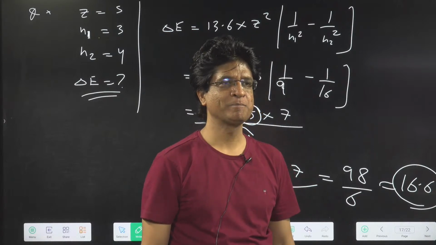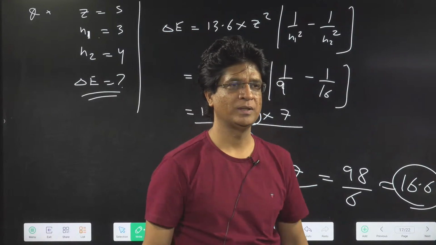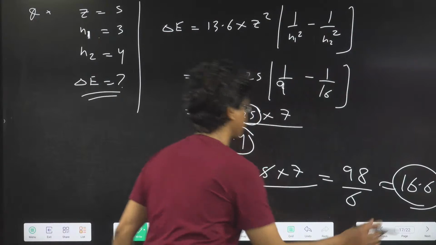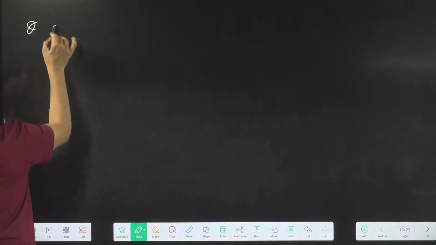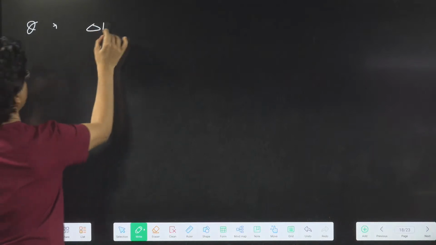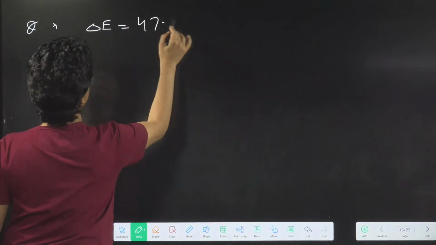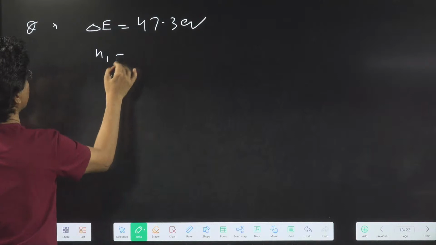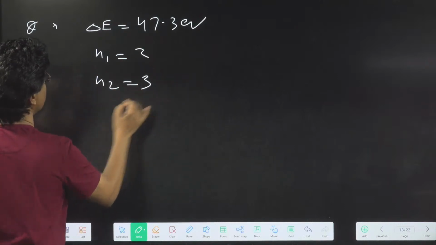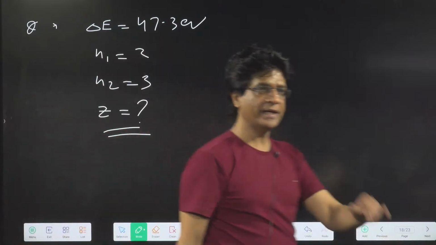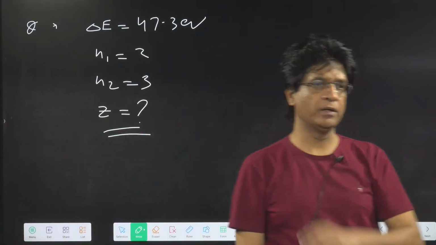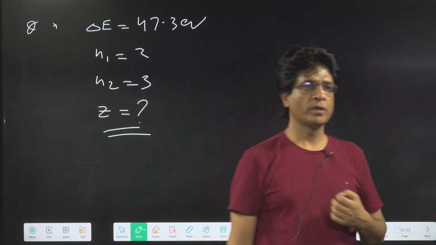Okay, let's do one more question, children. The question says delta E is given as 47.3 electron volt, N1 is 2, N2 is 3. They're saying find Z, and remember that Z cannot be decimal or fractional.